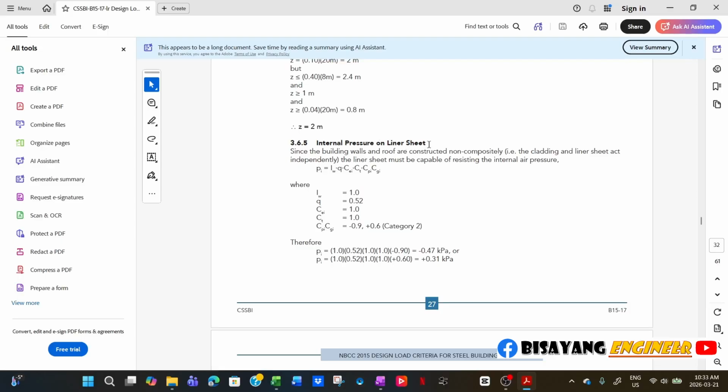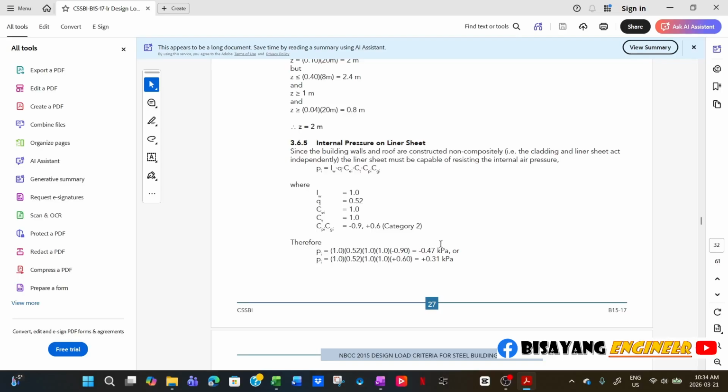When you analyze the liner, usually it's the same as the metal cladding. Most of the time for industrial sheds, what you put on the external side would be the same on the internal side. Sometimes they will use some kind of insulation, like a liner, which is also common here. Then you just make sure that the fabric can withstand whatever the pressure is.